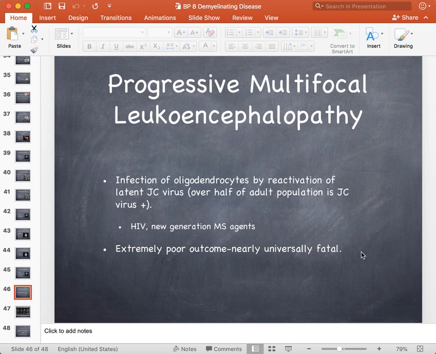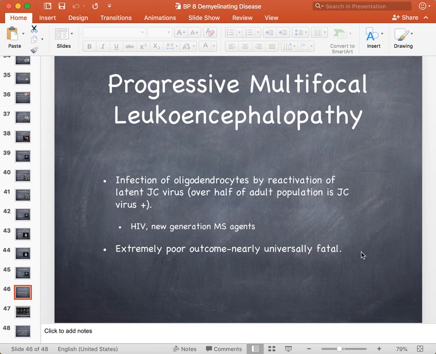And actually, in the MS patient population with natalizumab, which is the drug that this is most closely associated with, the fatality rate is about 25%. Many of the patients actually survive. Unfortunately, of the survivors, probably more than half will still end up with a permanent deficit. So this is bad. You don't want to get this. Here's just a picture of what this looks like.